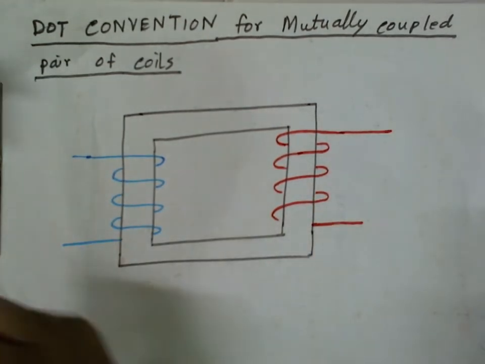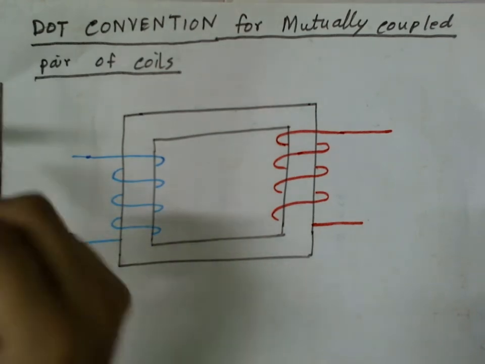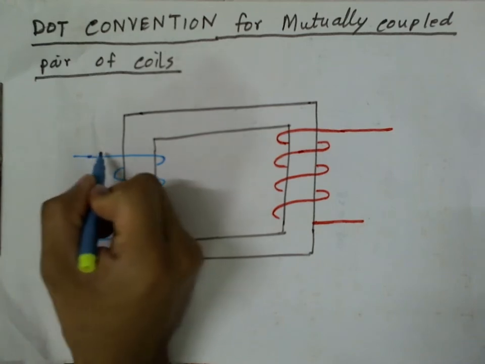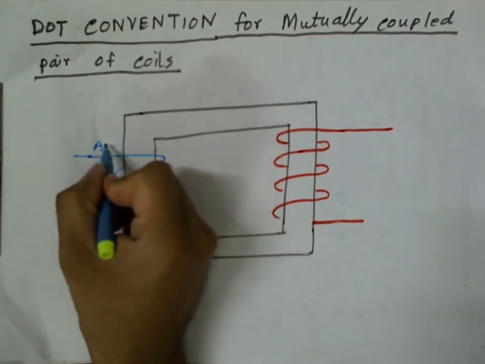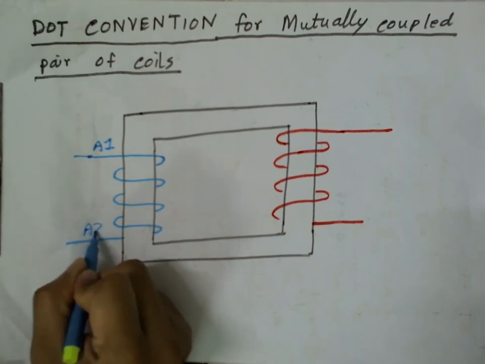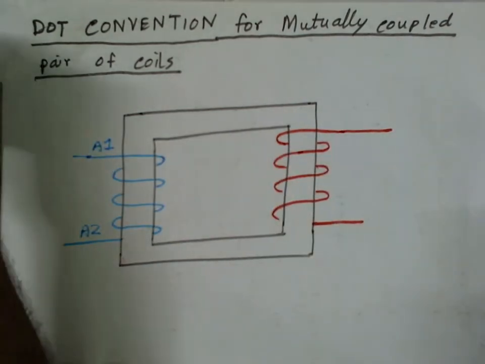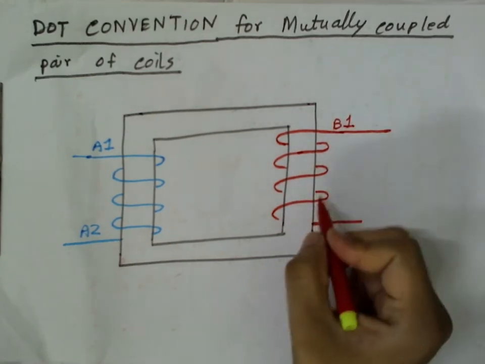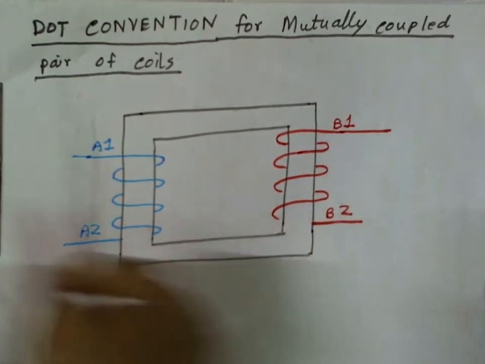Let me name them as coil A terminal 1, coil A terminal 2, here coil B terminal 1 and coil B terminal 2.